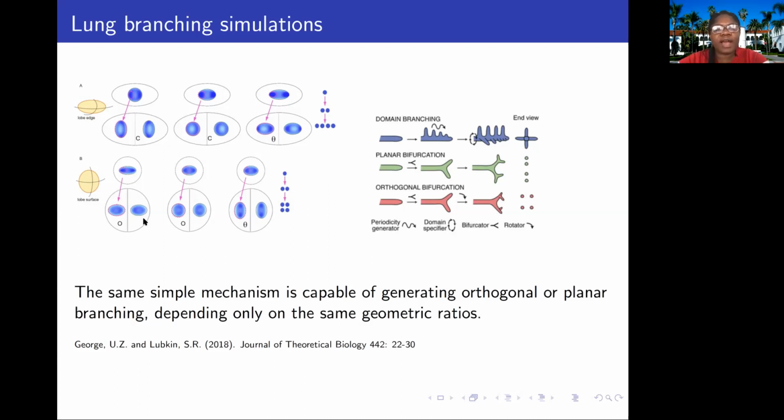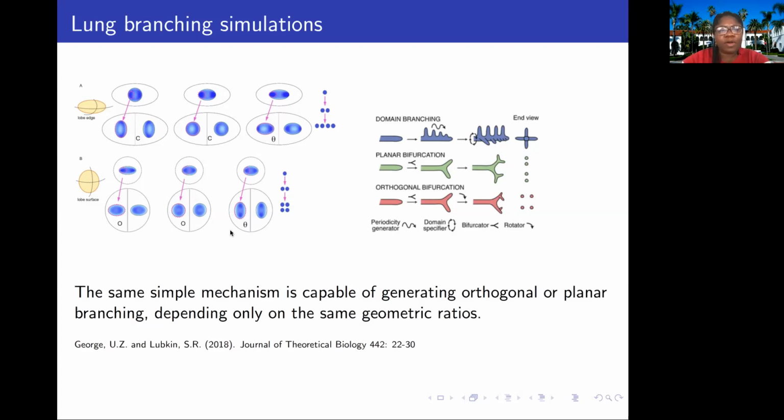And what we find is that the only one that gave branching is when the daughter branches were oriented perpendicular to the parent branch, as we found in experiment. So what this has shown us is that a simple mechanism is capable of generating this planar bifurcation and orthogonal bifurcation, mainly due to geometric ratios.